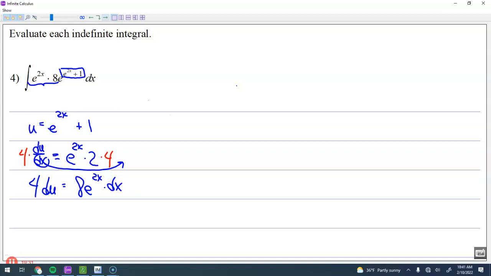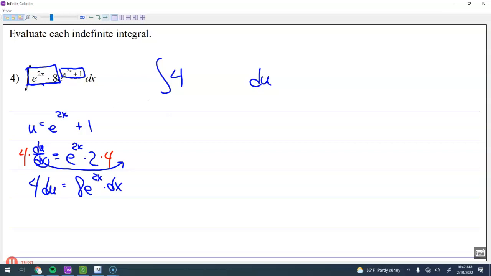We good? You with me? Somewhere along the road? Yeah. So then when I go to rewrite it, what am I putting instead of e to the 2x times 8? 4 du. So 4 du. And then what am I putting instead of e to the 2x plus 1?